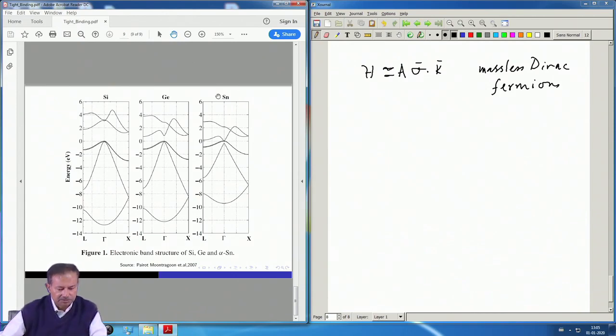The band structure is always plotted along certain symmetry directions, and 0 is conventionally taken as the Fermi level. As we did, epsilon naught was set to 0; one just sets the 0 of the energy scale at the Fermi level. So, Fermi level is at 0 energy. In most of these figures, that is what you will find.